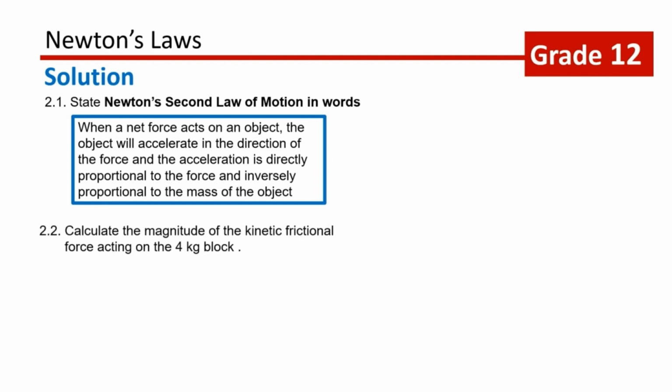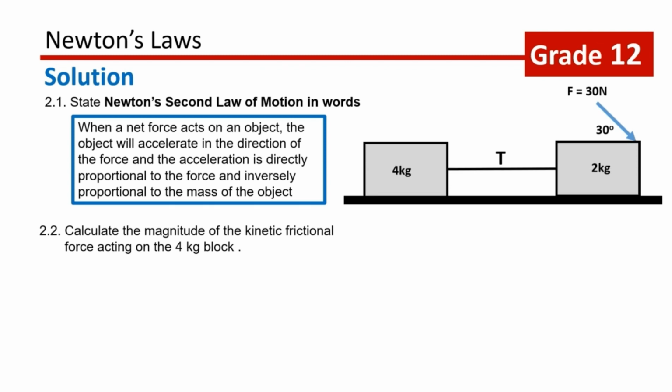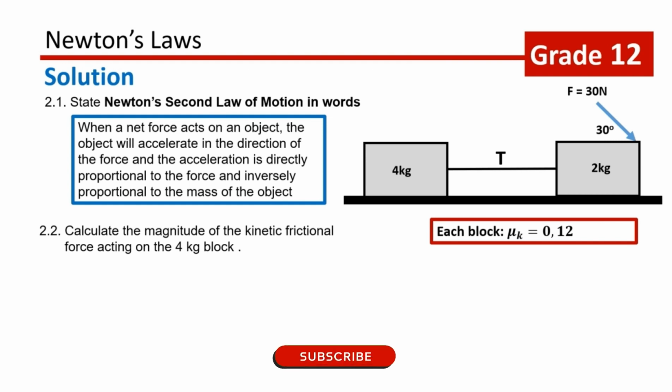The second question says calculate the magnitude of the kinetic friction force acting on the 4 kilogram block. Looking at the diagram, we are given that mu k equals 0.12, and then we know that Fk is mu k times N, where N equals mg, because these blocks are on a horizontal surface.